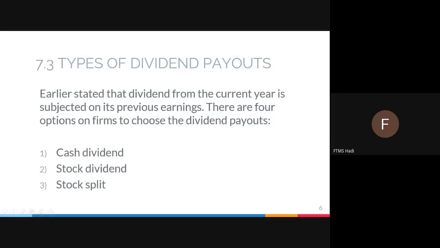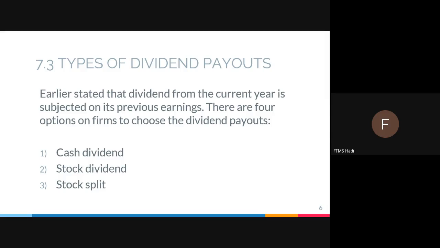The next part, you need to understand, because if you do not understand this part, you will find it difficult to perform calculations. Earlier I stated that the dividend for the current year is subject to its previous earnings. That is a fact. The company will declare a dividend subject to its net profit performance.